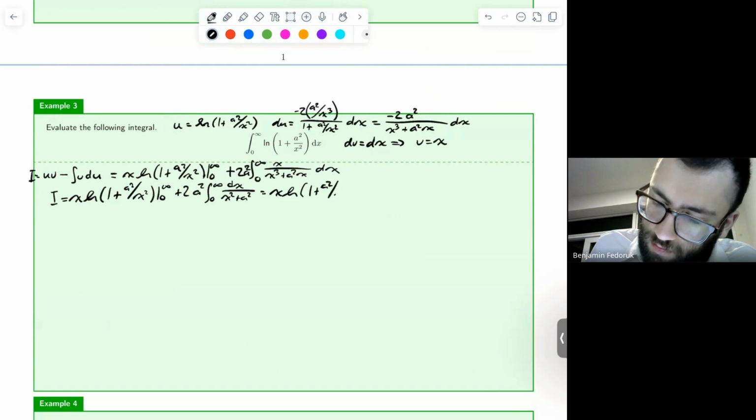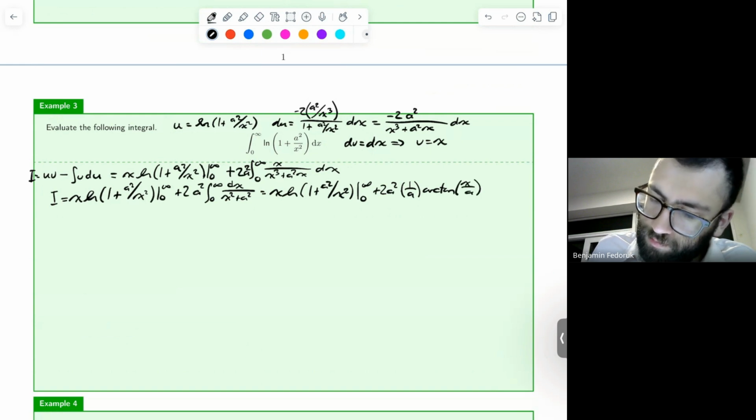So, a squared over x squared on our bounds plus 2a squared, and yeah, this we said was that special arctan relationship. So 1 over a times arctan of x over a. So we get that on our bounds.